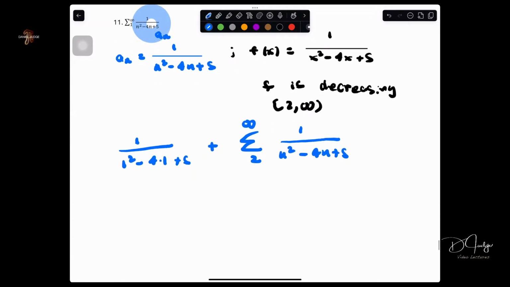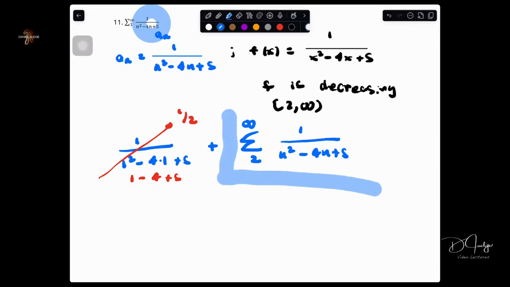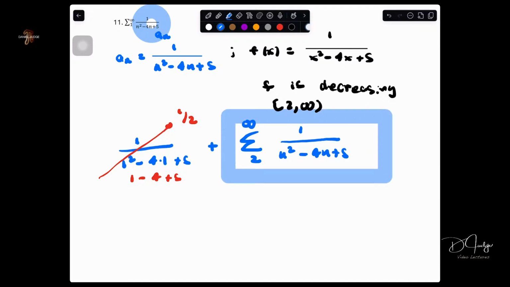Now, this number here should be 1/2. So what we're really going to apply now is the integral test, really starting at 2, and then all the terms are positive.